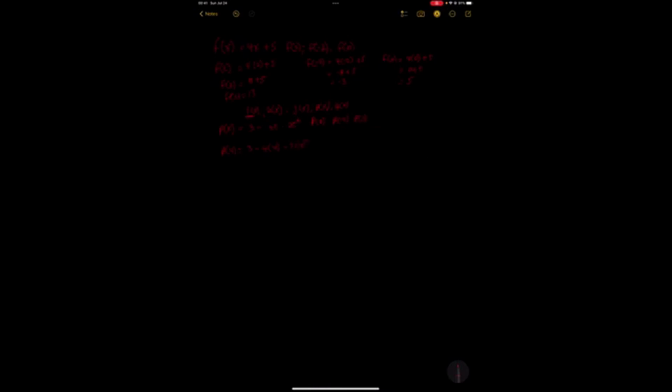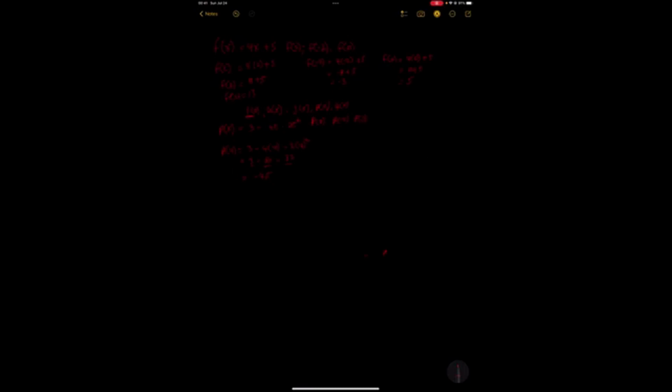That would be equal to 3 minus 16 minus, 4 squared is 16 times 2 is 32. So that would be 3 minus 16 is minus 13, minus 32 is minus 45. So that's when t is equal to 4.